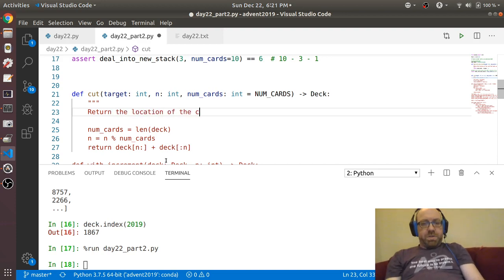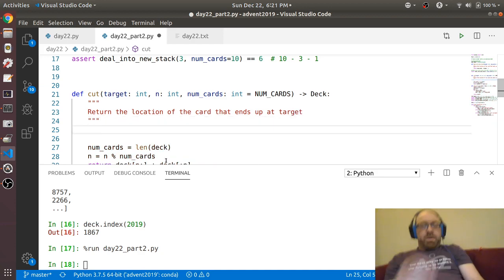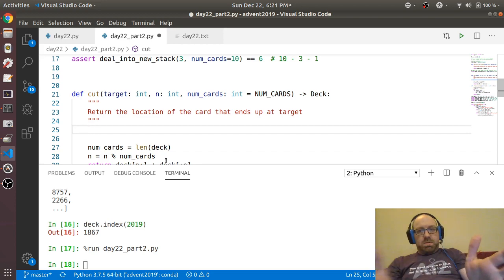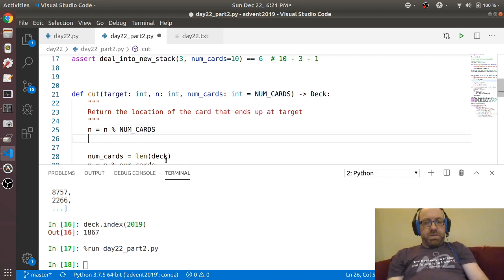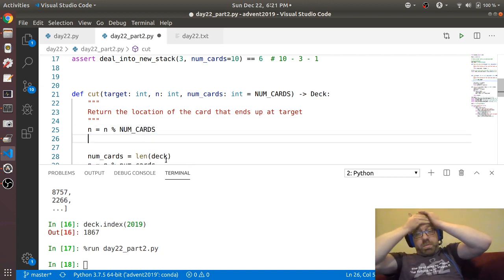Return the location of the card that ends up at target. Okay, and so let's just say n equals n mod num cards again, so that it's a positive number.